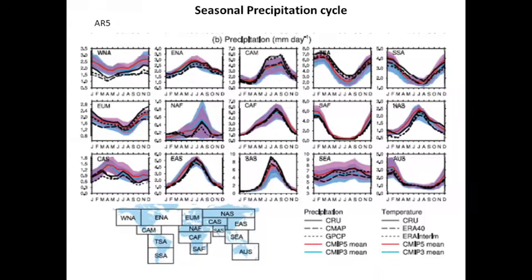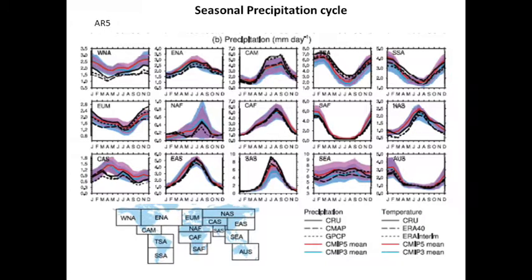Here they plotted also the CMIP3, but let's look at the CMIP5, that is the red line. The red line is CMIP5 mean, the ensemble, and here you see there are 3 sets of data for observational precipitation. These 3 are in black. So we can compare the red line with the black lines to see how is the model behavior.